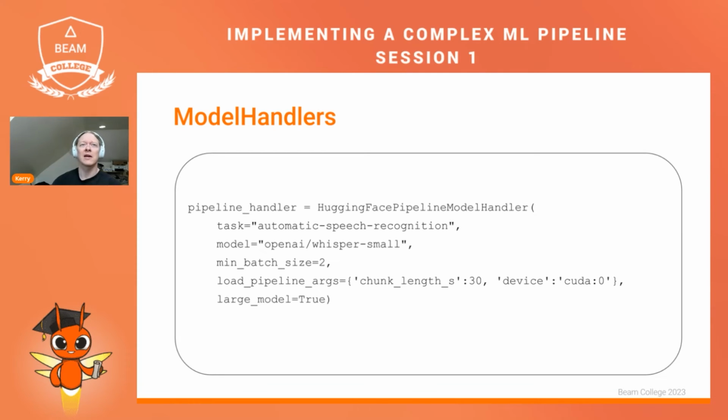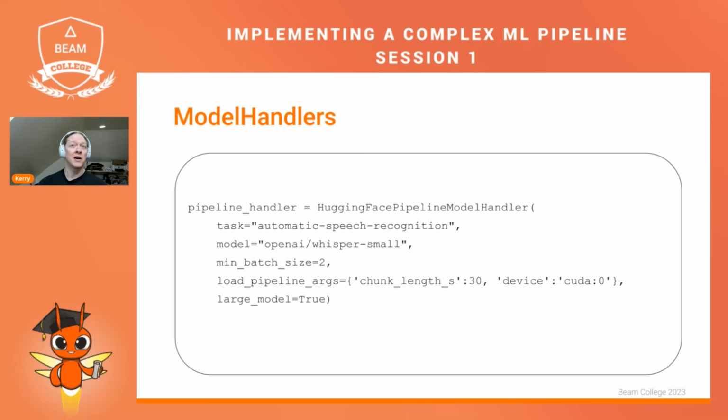So what does the model handler code look like? This is a real example of using the HuggingFace pipeline model handler. HuggingFace pipelines are a way to make the orchestration of ML inference easy, even for a relatively complex model.